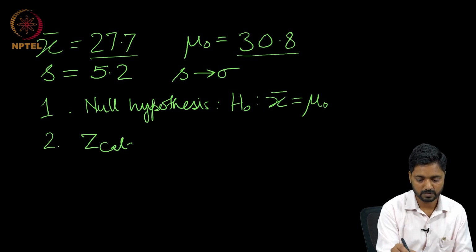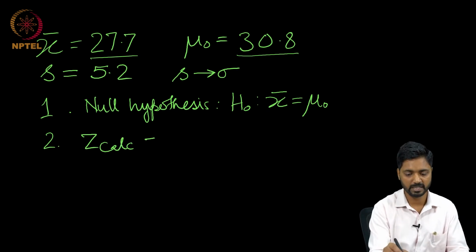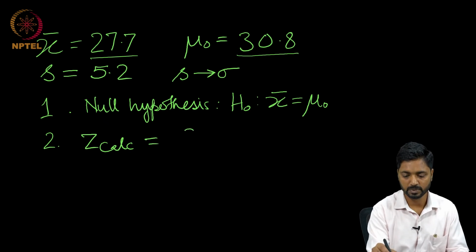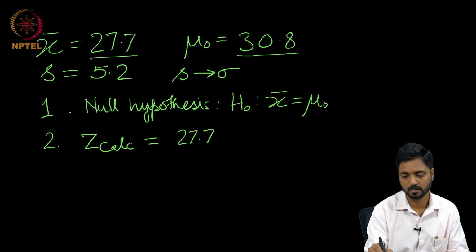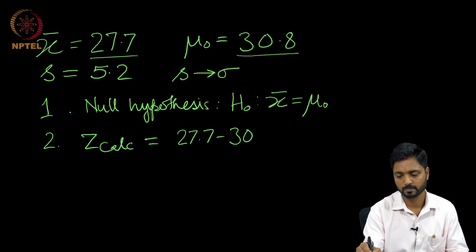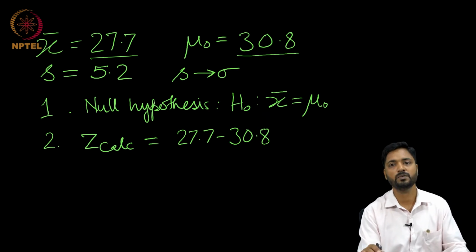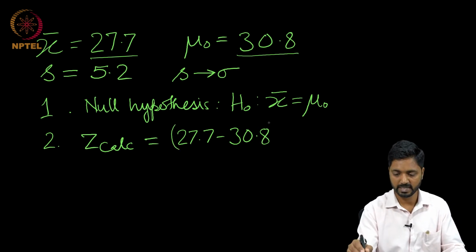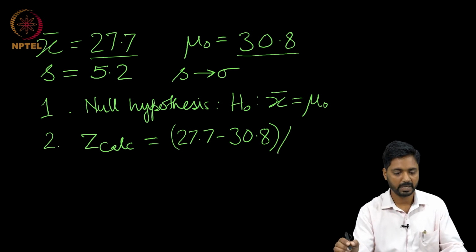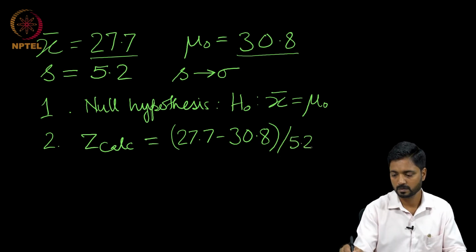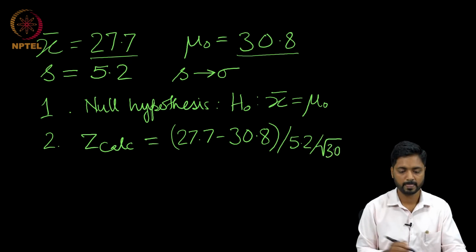So in the second step, we calculate the z value for this data set. That will come out to be 27.7 minus 30.8 divided by 5.2 over root 30.